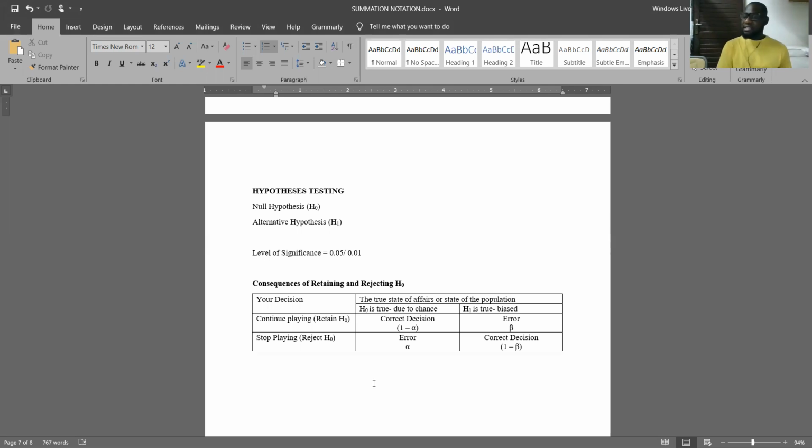So we normally say that when it comes to error in research, sample size matters. If you've sampled a lot of people within your research work, it decreases the number of errors that you might commit.